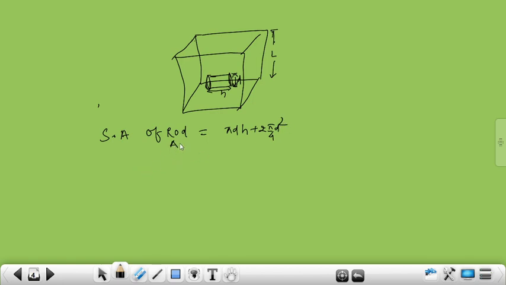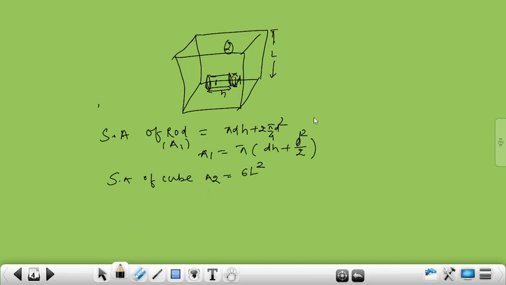So this is taken as A1, as we take this as the first body and this as the second. So A1 is equal to, taking common, pi D H plus D square by 2. Next, we find the surface area of the cube, which is A2 equal to 6 times L square.